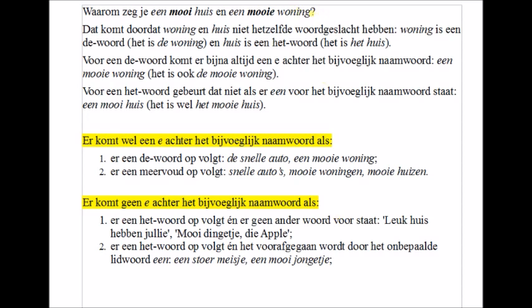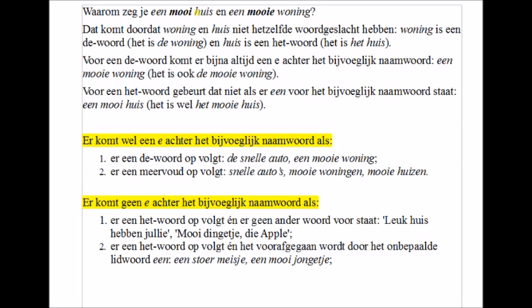In the Dutch language we sometimes have, like in this example, "een mooi huis", but sometimes we have "een mooie woning". I got a lot of questions from students: why this, and why not here? This is because "huis" is a het word.